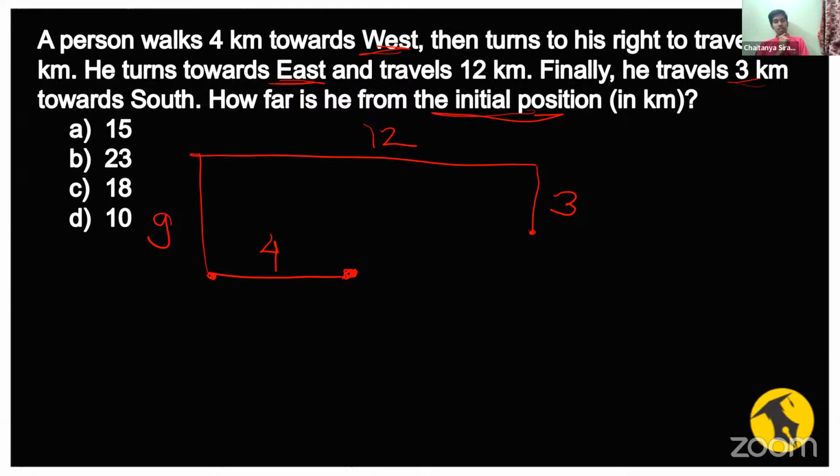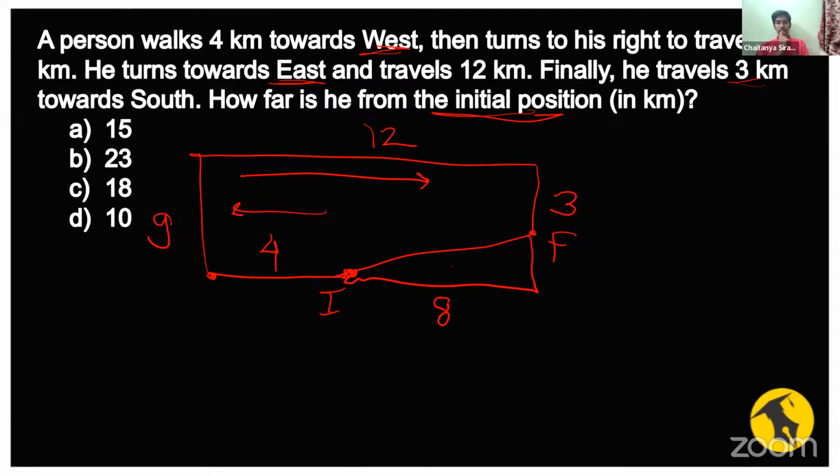So I can say this is the line that represents his final and initial position. I can draw a triangle like this. What's his horizontal distance? He first traveled 4 towards west and then 12 towards east. So net is 8 towards east, and 9 kilometers northwards and then 3 kilometers southwards.